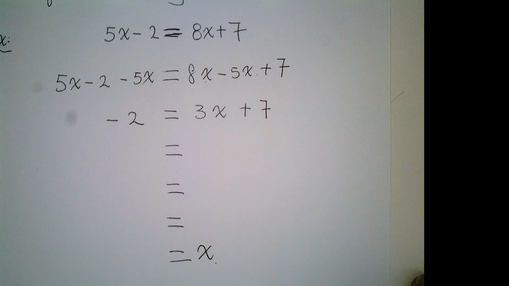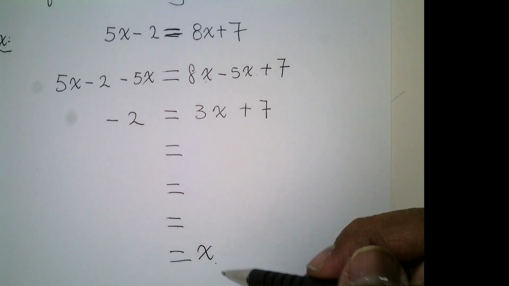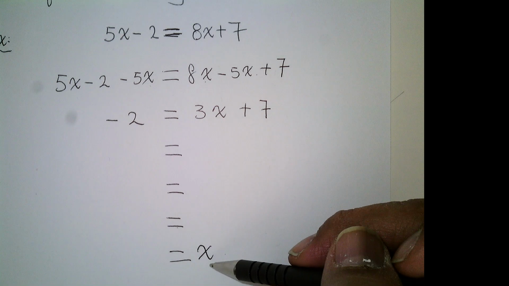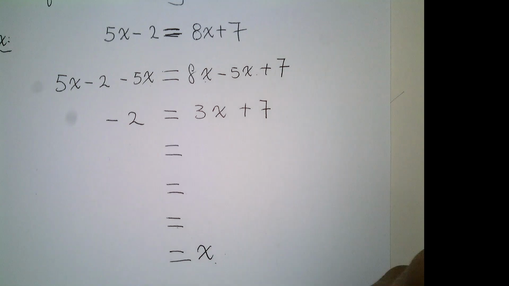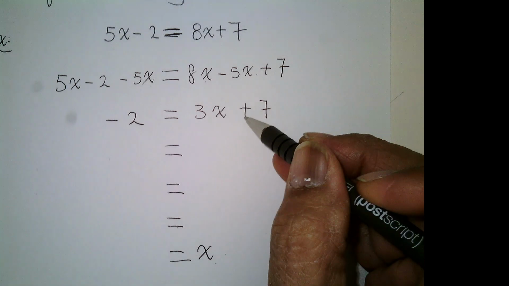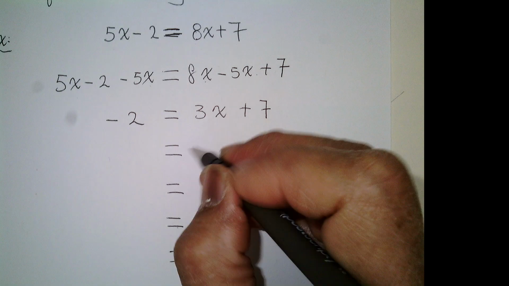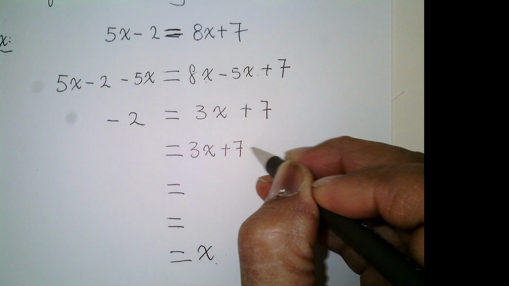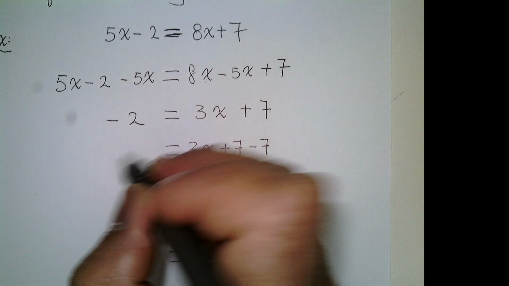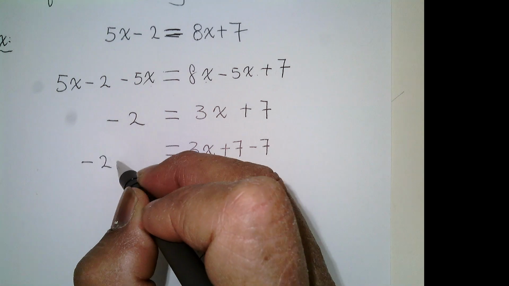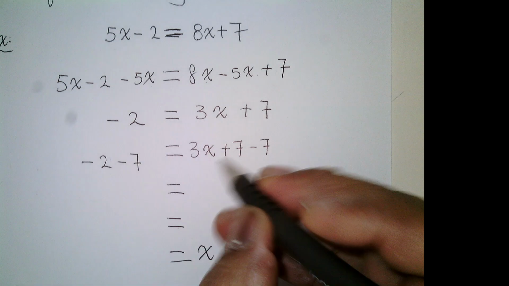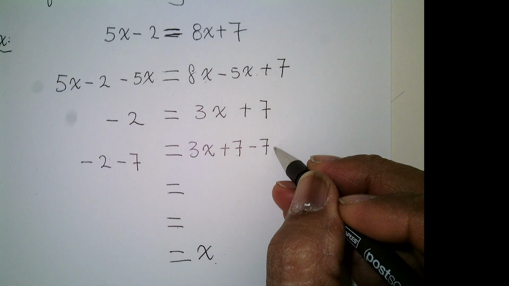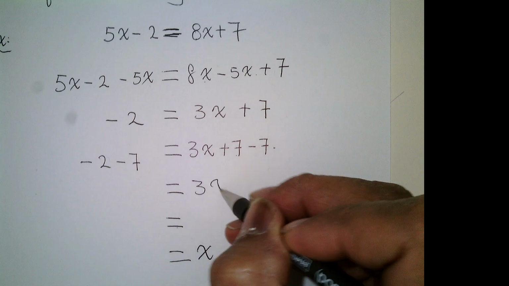Now this side is only allowed to have the x, so the next step is to get rid of the positive 7 on this side, because you want to keep just the 3x. So 7 minus 7 is 0, giving you 3x.